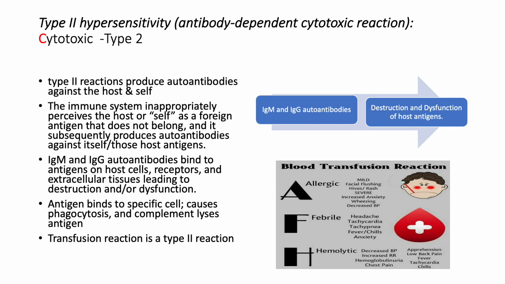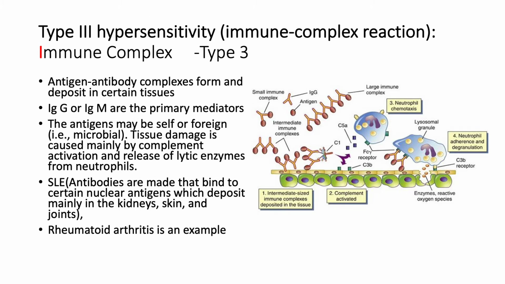Let's go to the third one. Type 3 hypersensitivity reaction. When we talk about the type 3 hypersensitivity reaction, please follow me on this picture so you can see what is happening. In a type 3, soluble antibody and antigen complexes are formed.